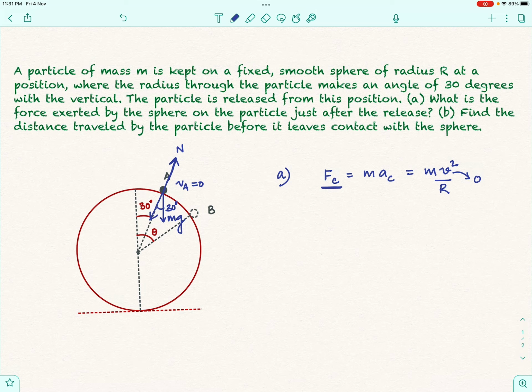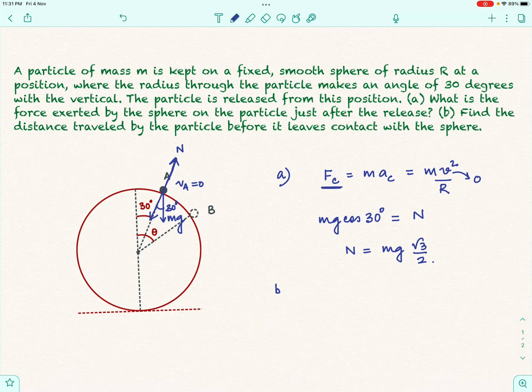So, this component, mg cos 30, should exactly balance the radially outward force, which is N, right? So, from here we directly get the value of N as mg into root 3 by 2, which is the value of cos 30. This directly gives us the answer to the first part.